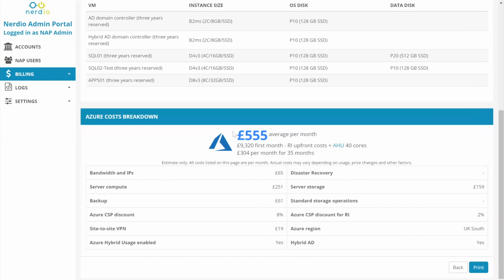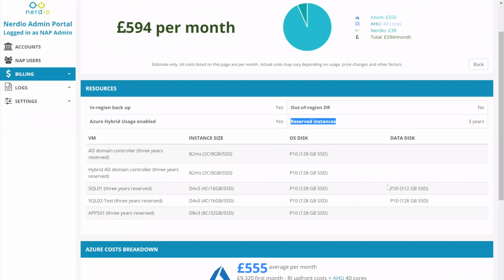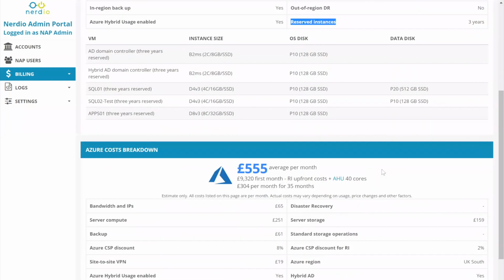And then this is what the average monthly price is. Remember, we selected 3-year reservation, so our analysis needs to be over the course of 36 months. So over 36 months, if you take 36 and multiply times this, you're going to get the total cost. But the way it actually breaks down is because you're buying reservations, you're going to pay this much, $93.20 upfront for the reserved instances.